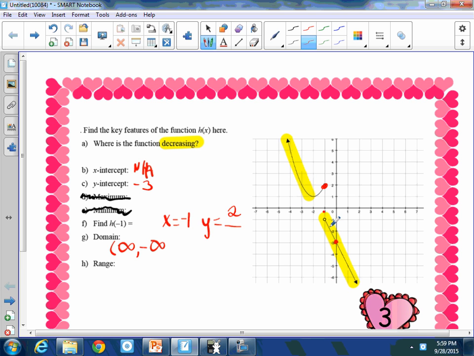It's all real numbers that are not 1. Let's see. I don't have -1 and I don't have 0. I do have +1. Remember, your range is over here.